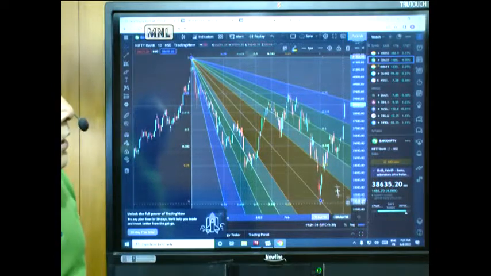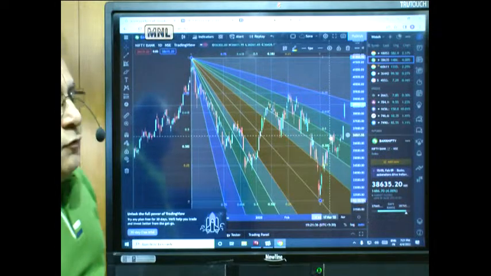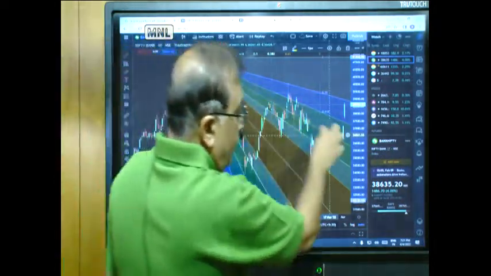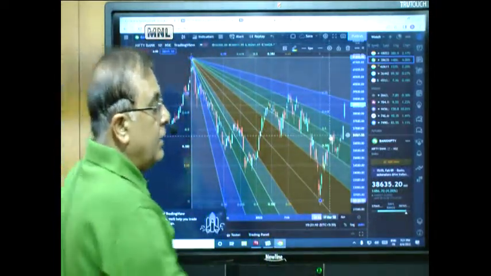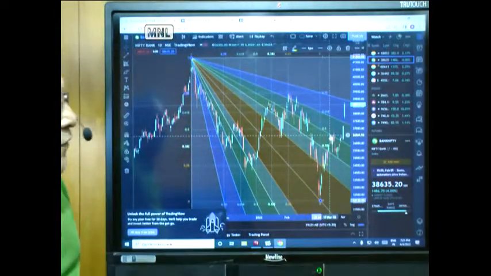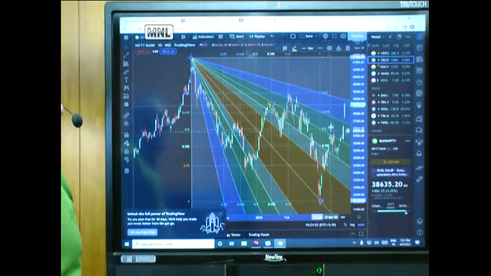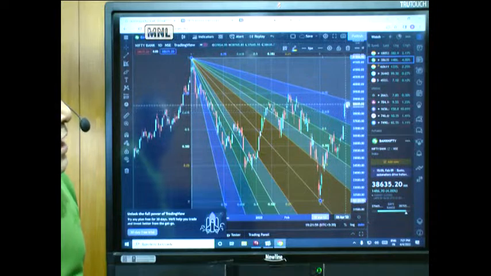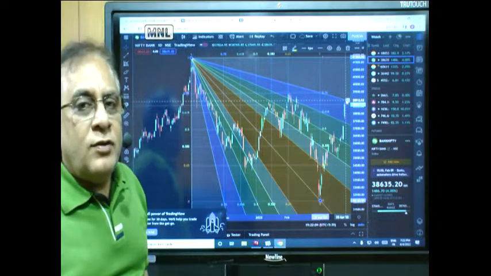Here, this is the 0.5 GAN line, which is a 45-degree angle. Once that was cut, a lot of stop losses can get triggered. 0.5 is an important stop loss place for a lot of traders. Now it is moving towards the 0.75. So tomorrow there is a chance that it can come closer to 38,910 or 915 levels, and probably have some sort of resistance at that place.